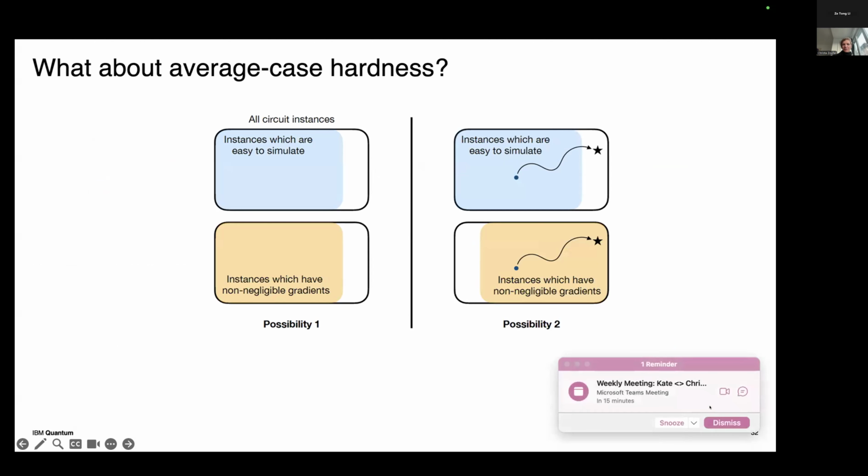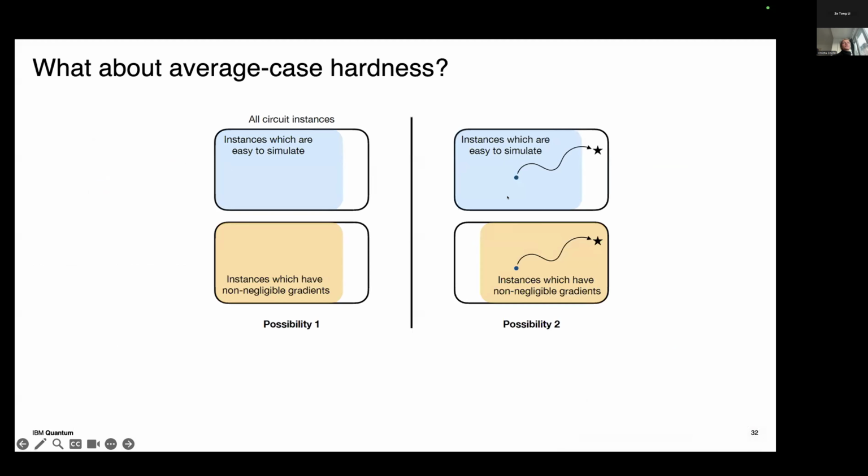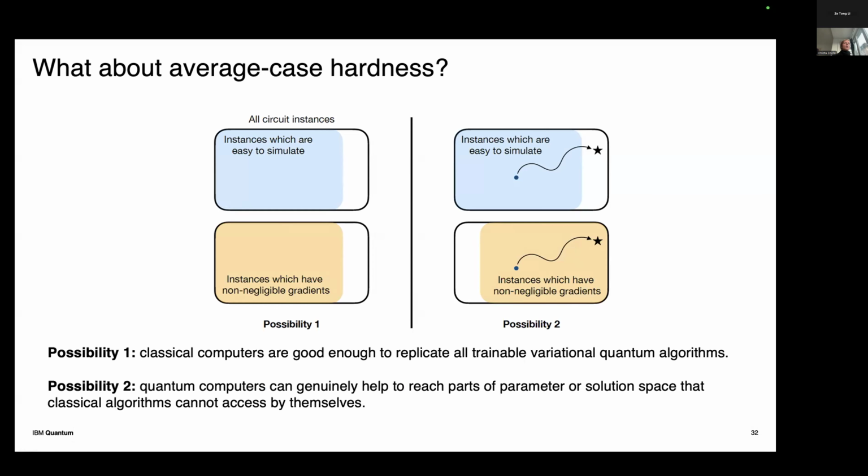Here we're becoming a bit philosophical about the dilemma that has been discussed quite a bit recently around the training of parameterized quantum circuits, namely that there's a lot of uncertainty around whether whatever system has non-negligible gradients is also easy to simulate.